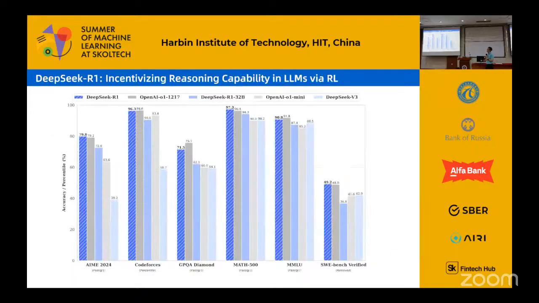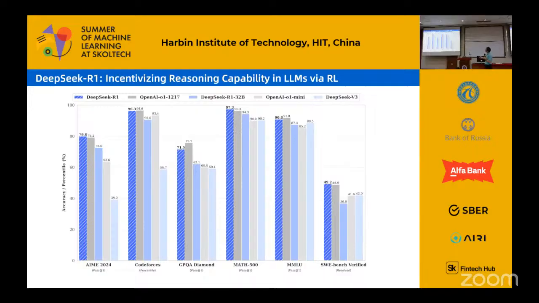Then here comes DeepSeek R1. This model is really a very powerful model. And in this figure, it shows some results on math, code, science, and software engineering benchmarks.